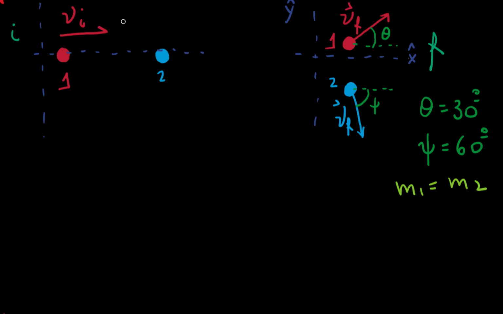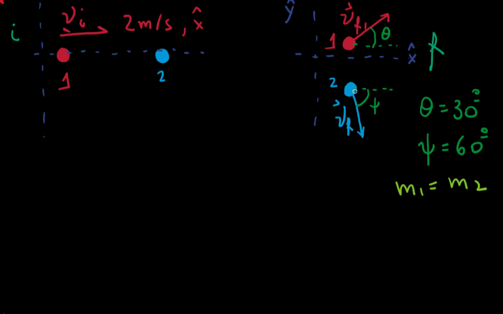Let's say that this is 2 meters per second. And this is a velocity, so it's in the x direction. And it's this velocity right there. Now, initially, this ball is not moving. After the collision, you have a velocity final of object 1, and we know that it scattered off from the collision at 30 degrees.